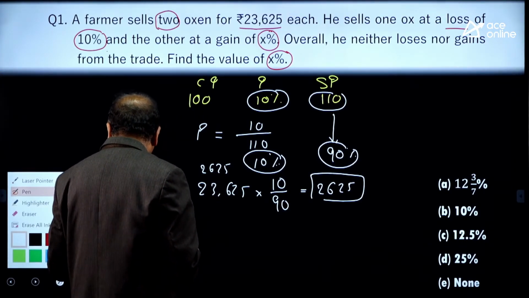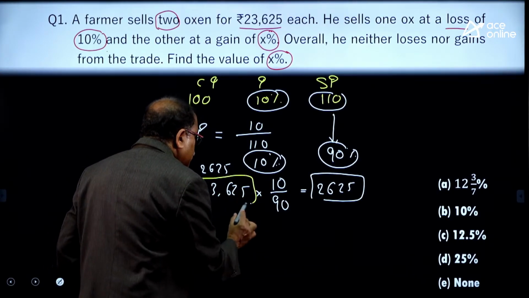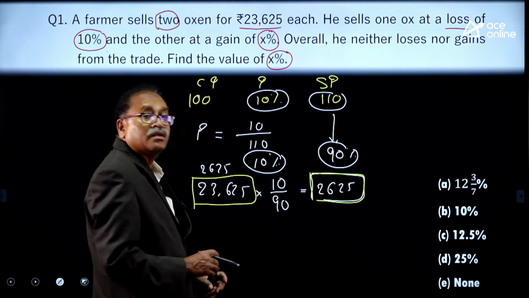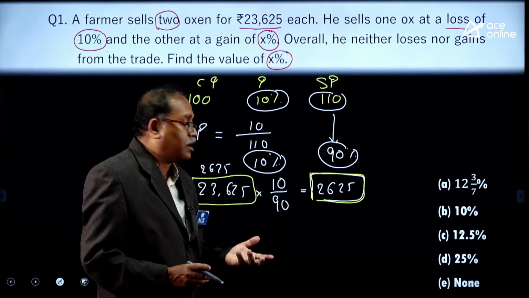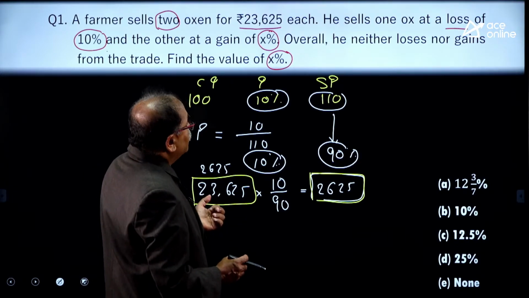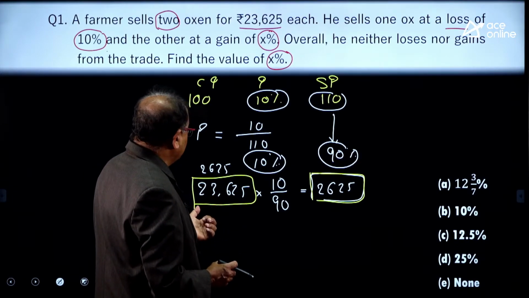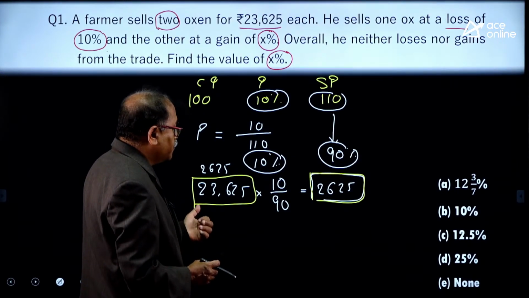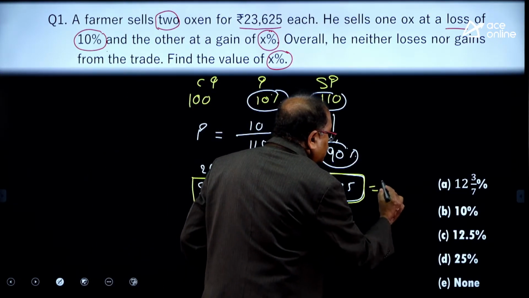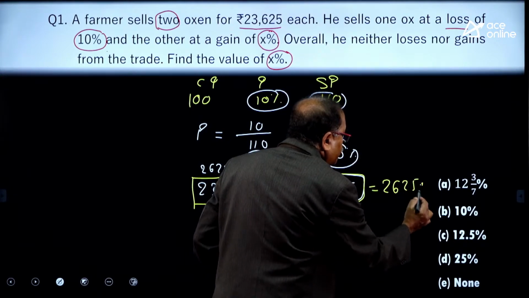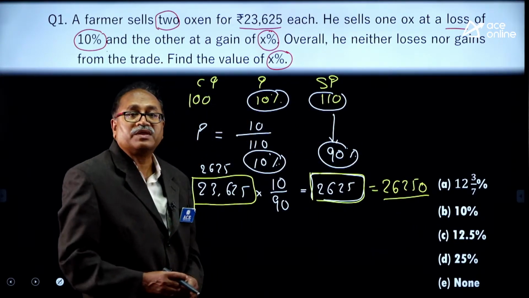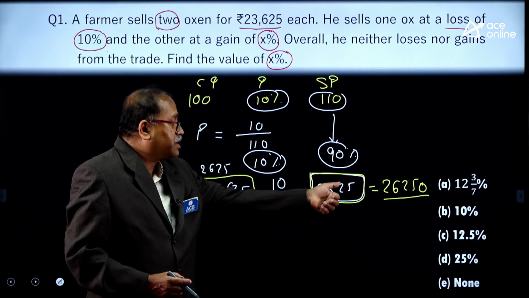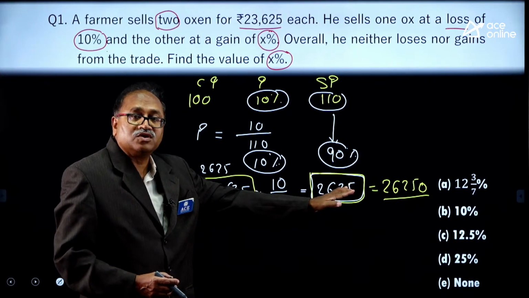So, you need to add these two, that is the selling price plus this one, then I will be getting the total, and that gives us how much? 26,250. Okay. So, this 26,250, this is your cost price because here there is a loss. So, the selling price plus loss I am getting the cost price.